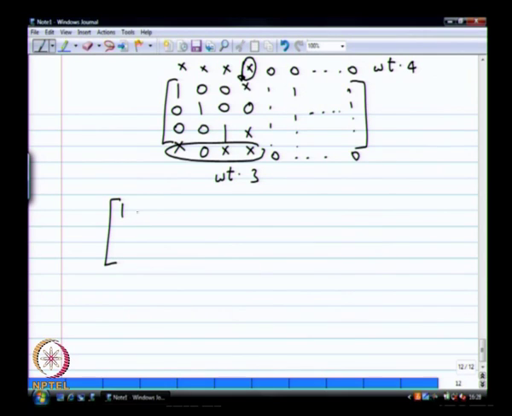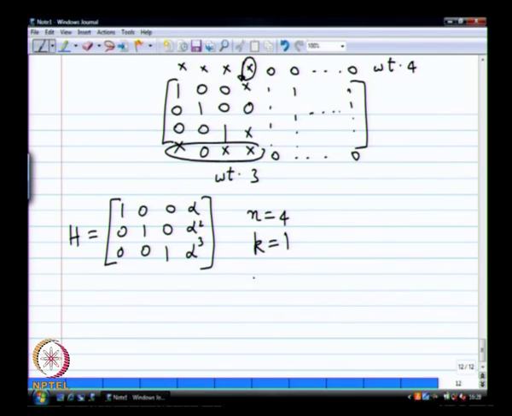If I have a parity check matrix like this, let us say alpha, alpha squared, alpha power 3. Suppose this is my parity check matrix. Let us find n, k, d for this. It is a very easy matrix. Let us say n is 4, k is what? k is 1, and what is d?